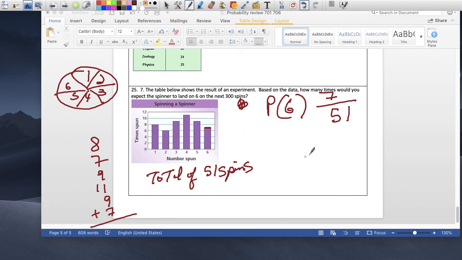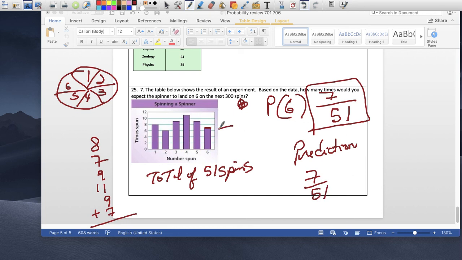So if I told you I was going to spin the spinner 300 more times, how many times do you think it would land on 6? So let's do our prediction. In the prediction, I'm going to use this result here. 7 out of 51 landed on 6, I can see that from my table. And I'm going to do this 300 more times.